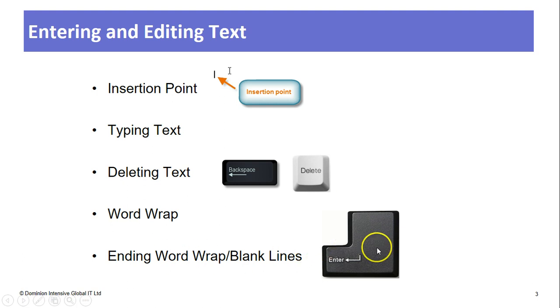And we use this also to insert blank lines or to move to the next paragraph. Okay, so look at all these keys very well. Don't forget that I've taught you earlier the functions of some of these keys. So we're going to be making use of those keys now as we move on in this class.